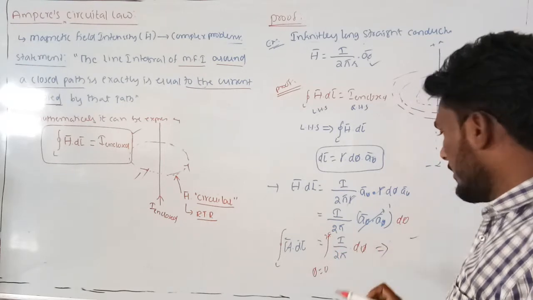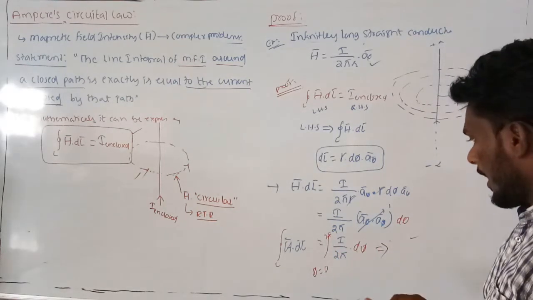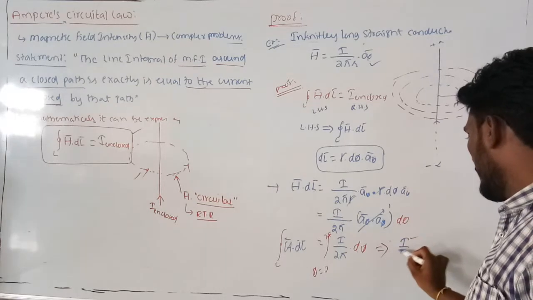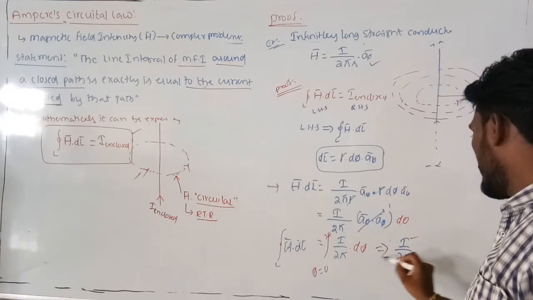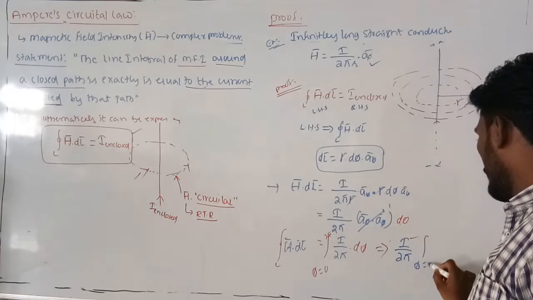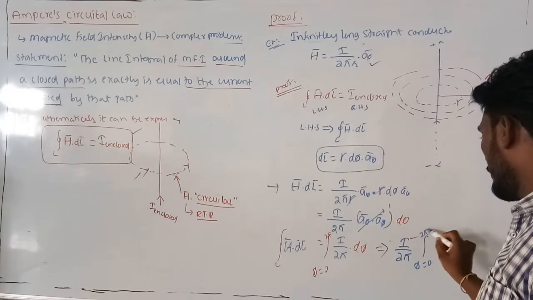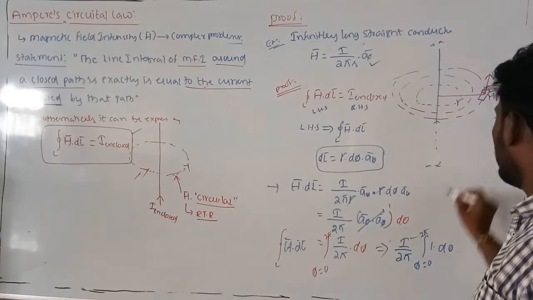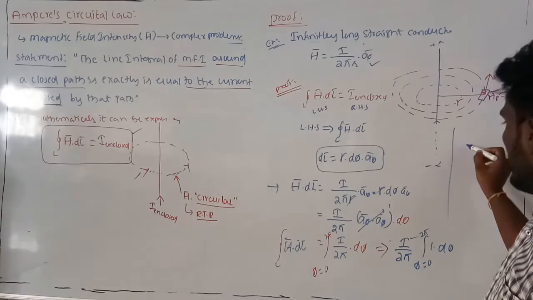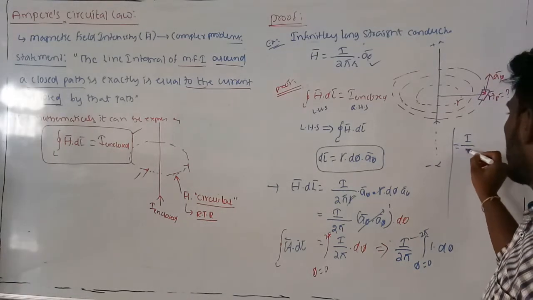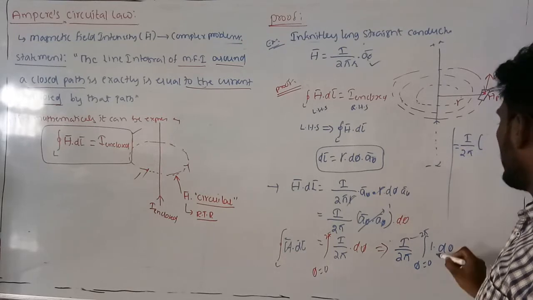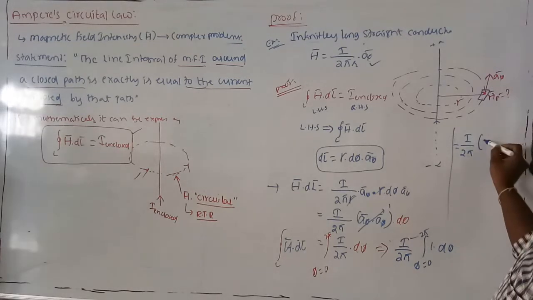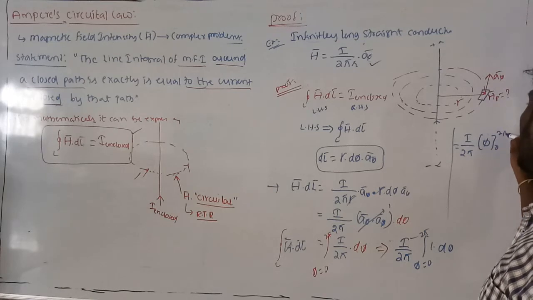So I by 2 pi is a constant here, and the integration from 0 to 2 pi with respect to d phi gives I by 2 pi times phi from 0 to 2 pi.